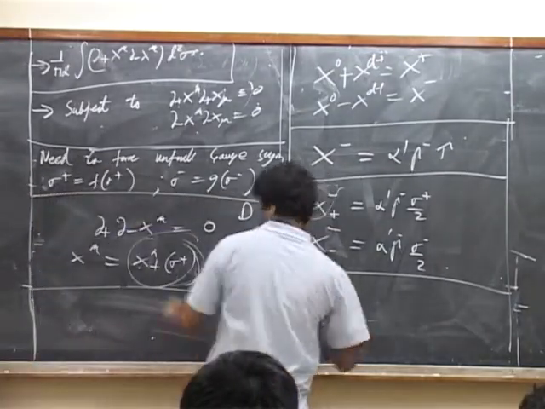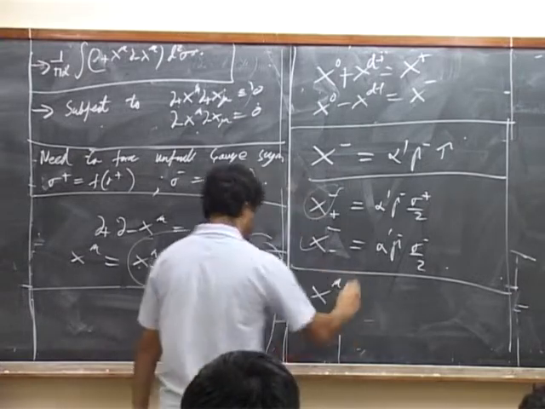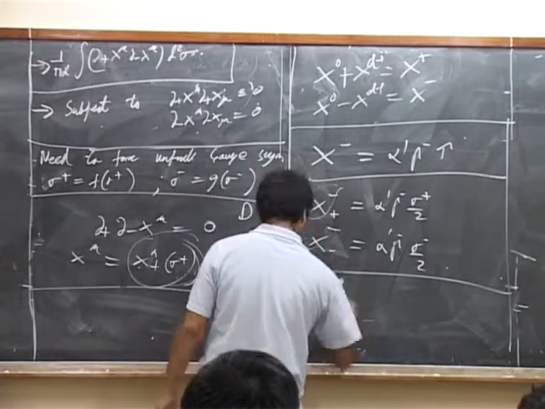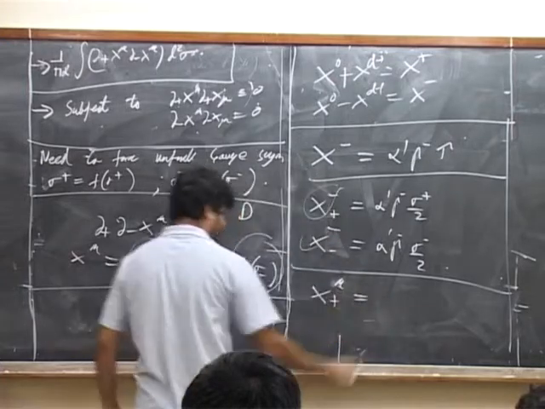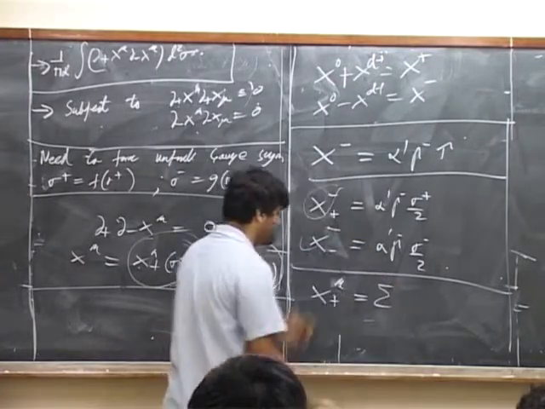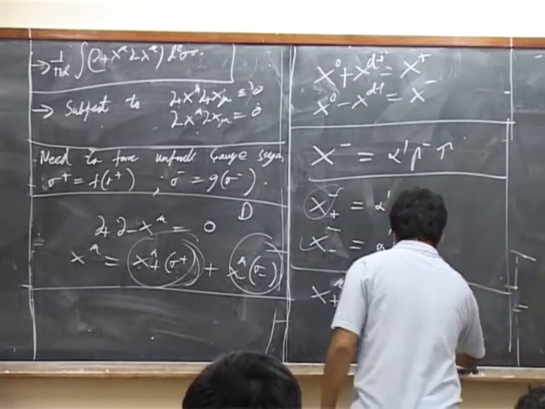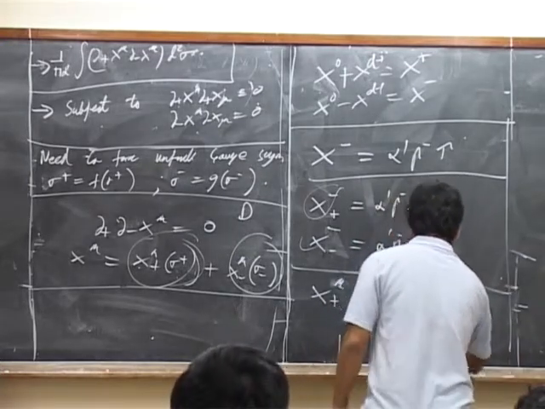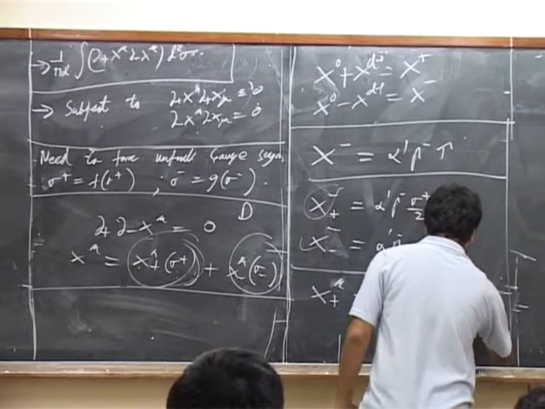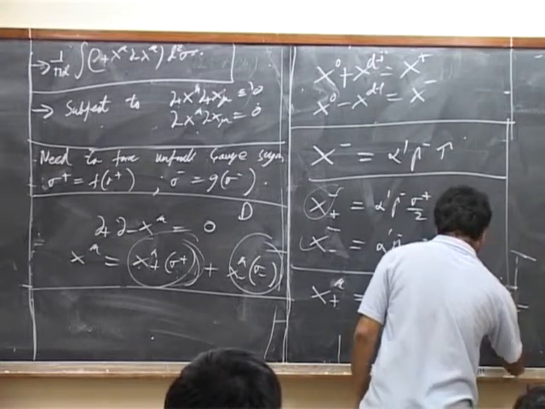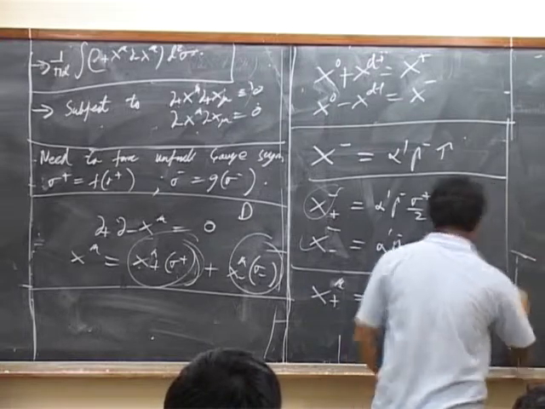Now, this was a periodic solution. So x mu plus can be written in terms of Fourier modes. We could write this as a sum over n not equal to 0 of e to the power i n sigma plus times some number, let's say beta to the power n.